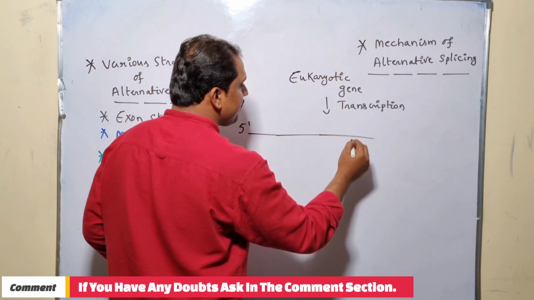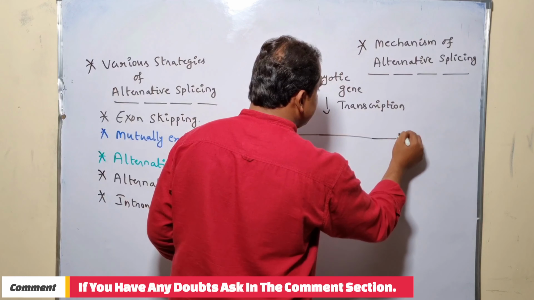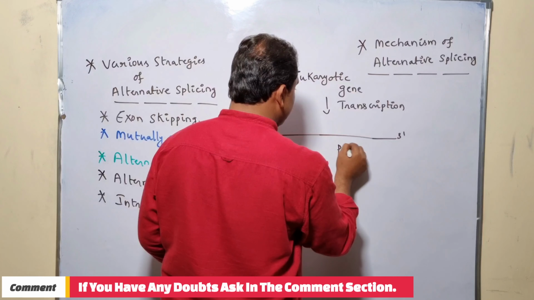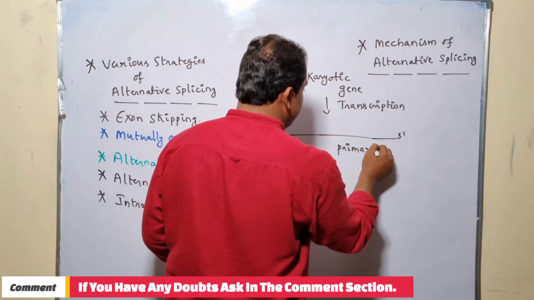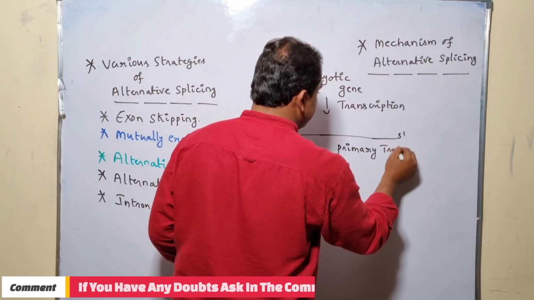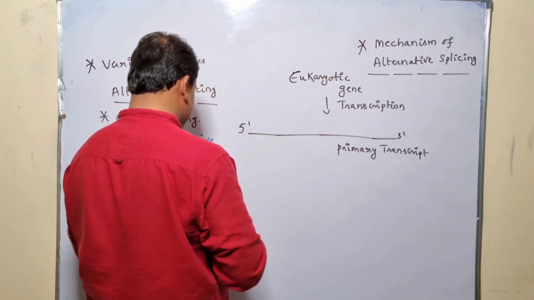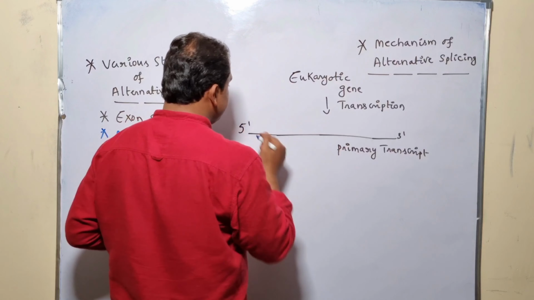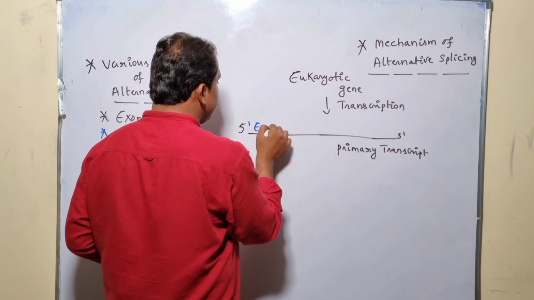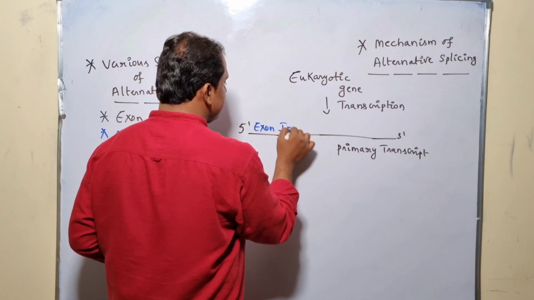So here it is the primary transcript, and the primary transcript consists of both the coding and the non-coding sequences.